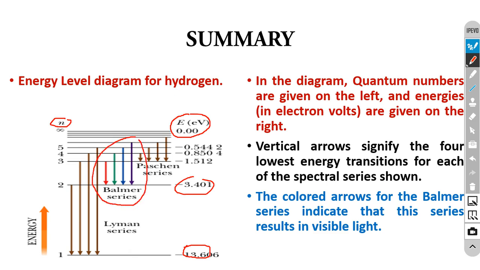The colored ones fall under the Balmer series, so this is the visible region. The Lyman series is the ultraviolet region, and the Paschen series is the region of infrared. So those ones are not colored as well.